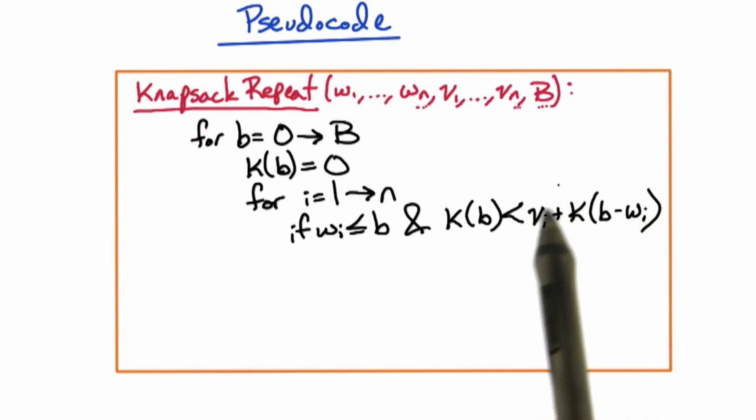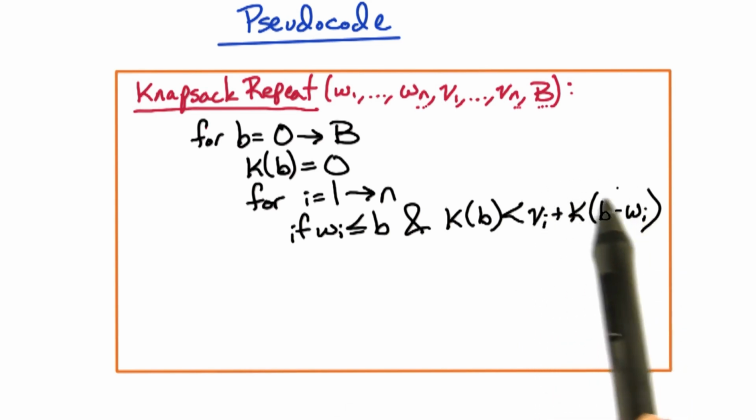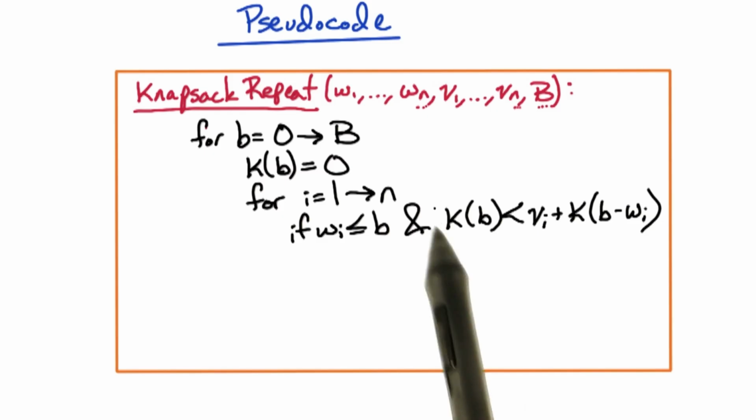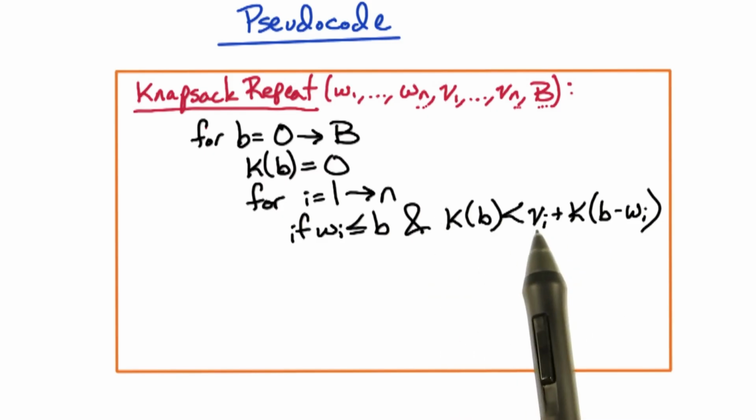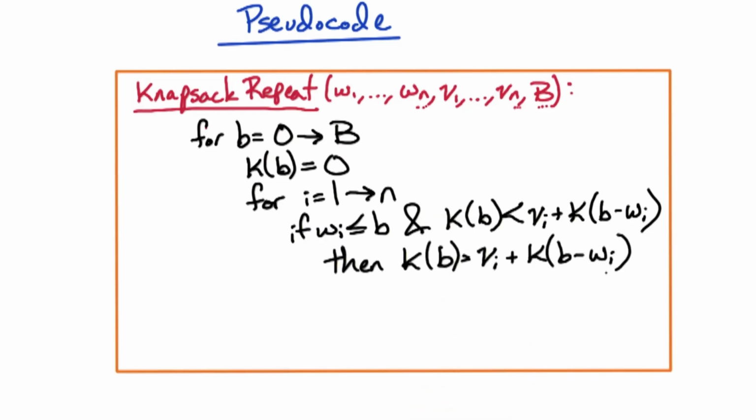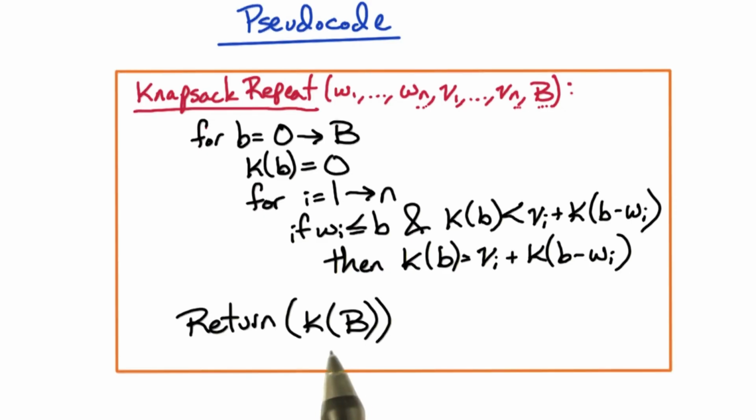So this is the solution we obtain now by using object i, and this is the previous best solution. If the new solution is better than the previous best, then we're going to update the current best. Finally, we just return the last entry of the table, and that's our solution to our problem. This is the max value we can obtain using total weight at most capital B, which is the solution to the original problem.